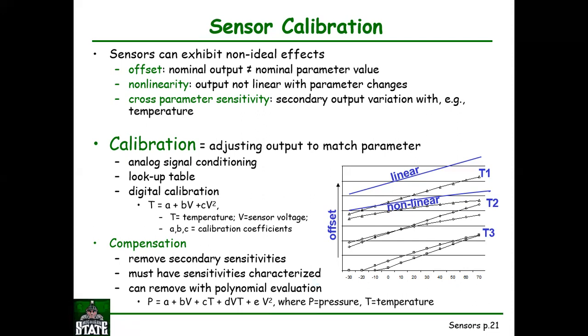You need to check that your system is sensitive to the particular parameter only, not to others. So you need to check this sensitivity characteristic. Again, there is a formula to remove your error. So this is a compensation technique.